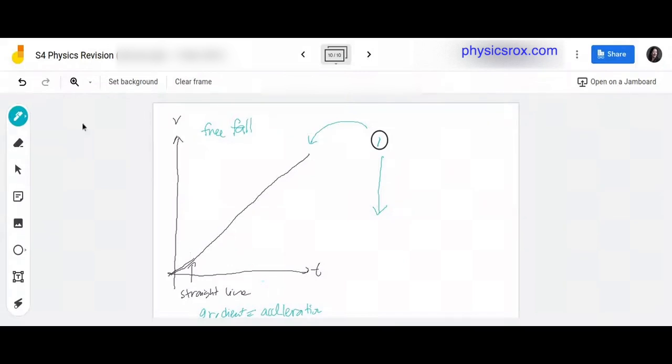Yes. So if we change the mass of the object, let's say I have another object. This one we drop a mouse, and this one is an elephant.